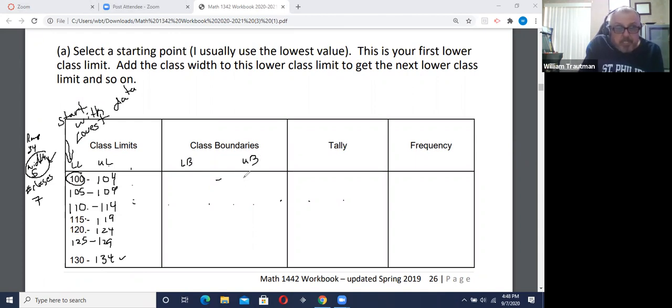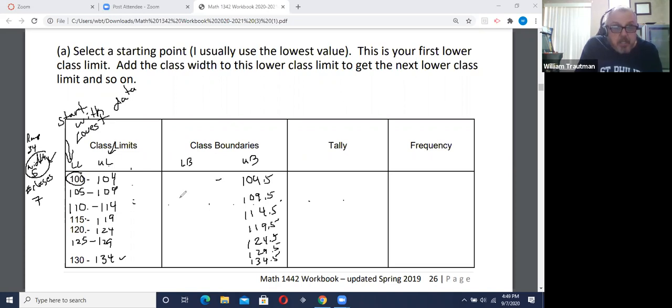The upper boundary is just 0.5 more, 104.5, 109.5, 114.5. Do you see how easy it is? 119.5, 124.5, 129.5, and 134.5. It's just 0.5 more than the upper limit.